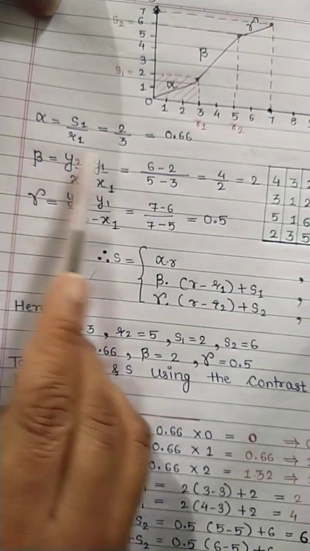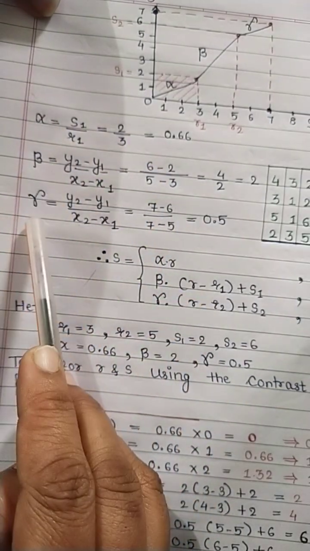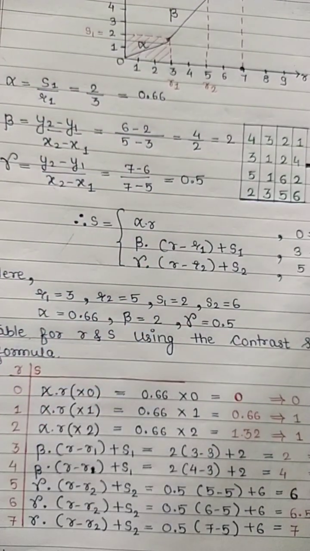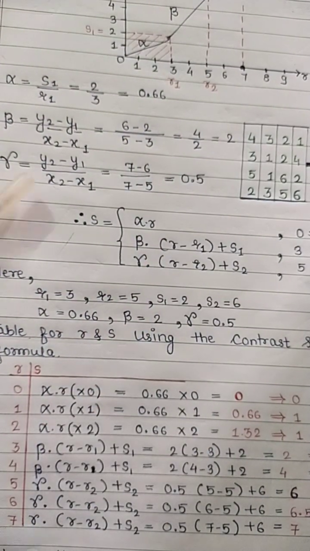Now we have calculated the values of alpha, beta and gamma. Next step, we have to calculate the threshold.